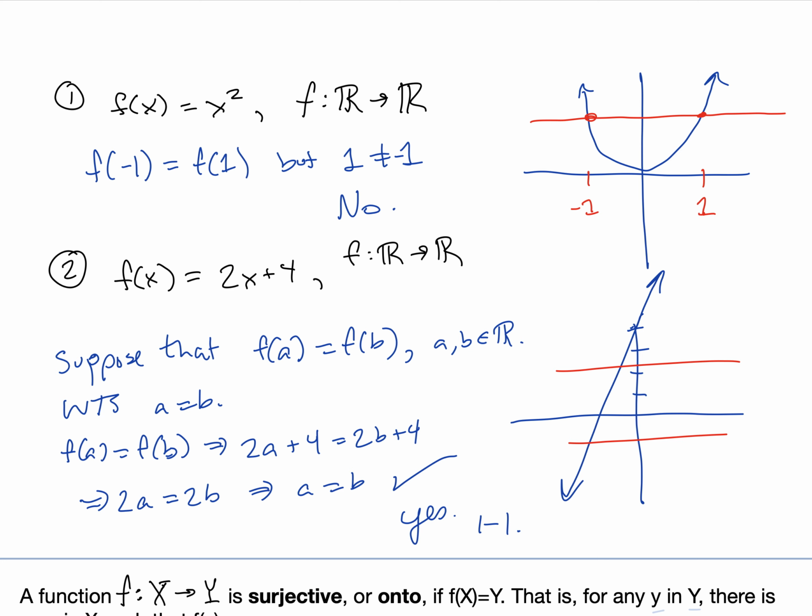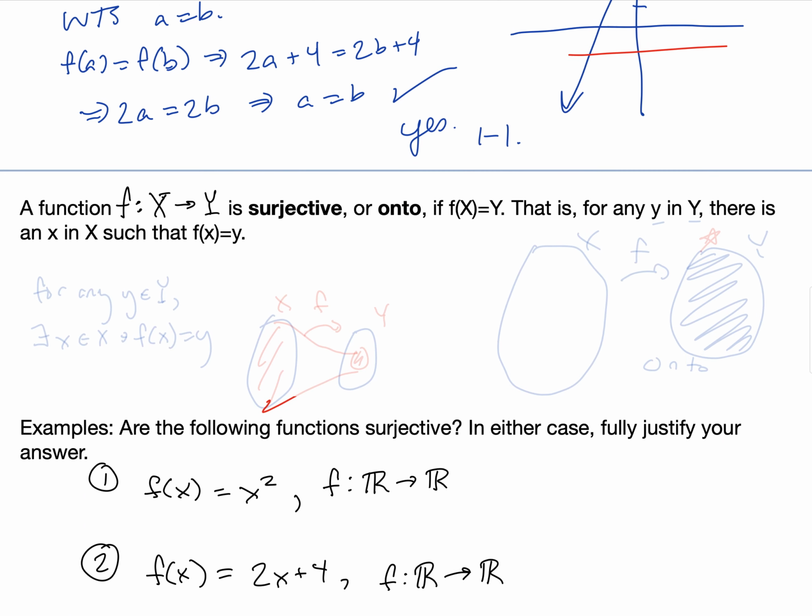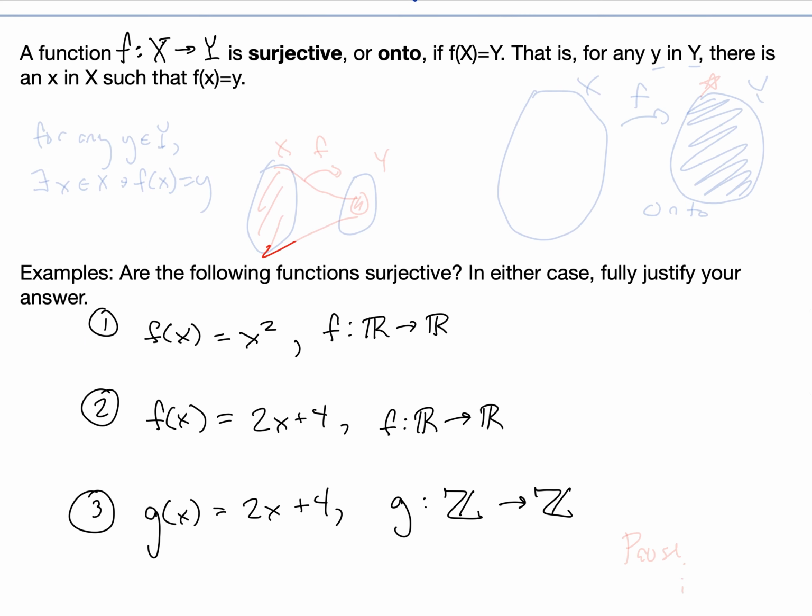A function f mapping X to Y is surjective or onto if f of x is equal to y, that is, for any y in the codomain, there is some x in X such that f of x is equal to y. So a picture to go with this, f mapping a set X to a set Y, is that everything in Y is actually covered.